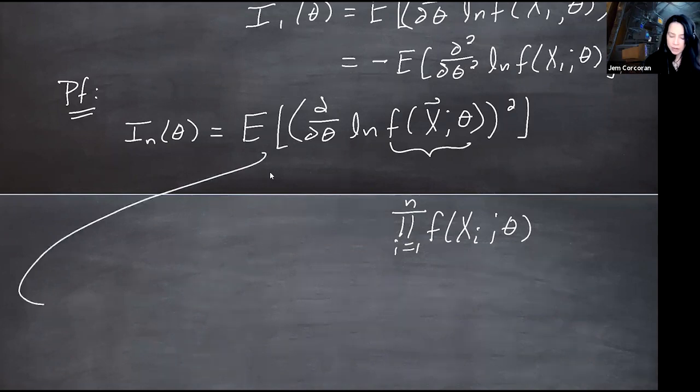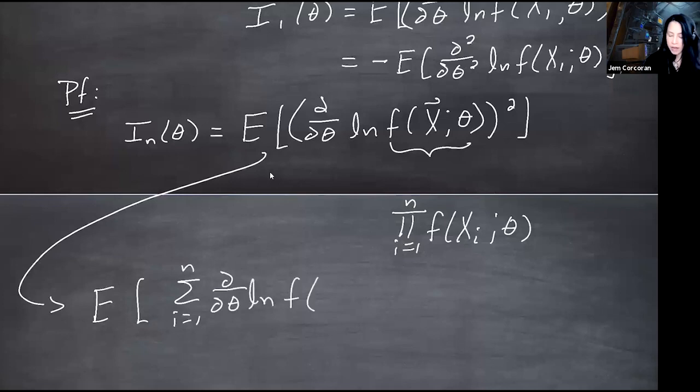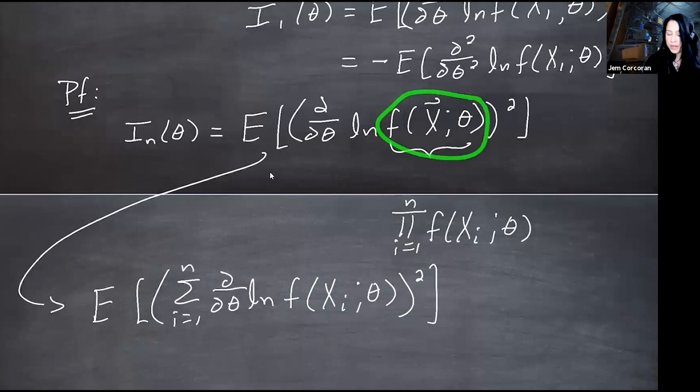So continuing from here, this is the expected value of the sum as i goes from 1 to n of the derivative with respect to theta of the log of f of xi and theta. Again, what I did there is write the joint PDF as a product of individual ones. I took the log, and the log of the product is the sum of the logs. Then I took the derivative and I pulled that inside the sum.